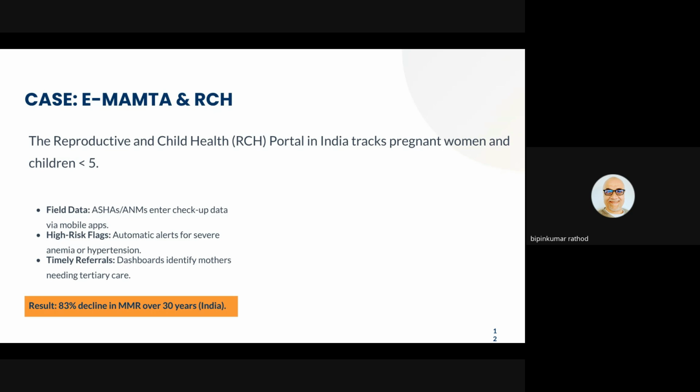To be able to track, if something goes wrong, we can treat her immediately. And that's how we have created effective use of digital data, technology, analytics, dashboards, and health intelligence to reduce MMR by 83%.